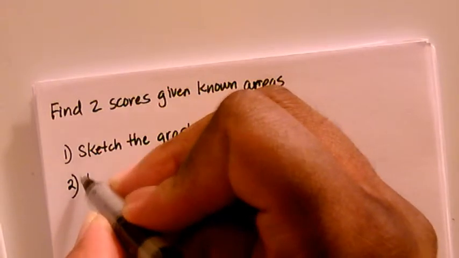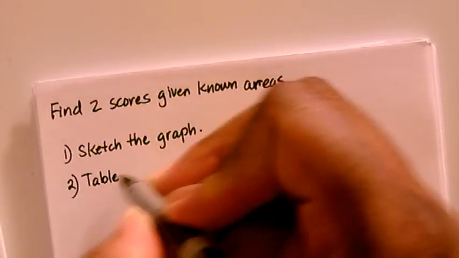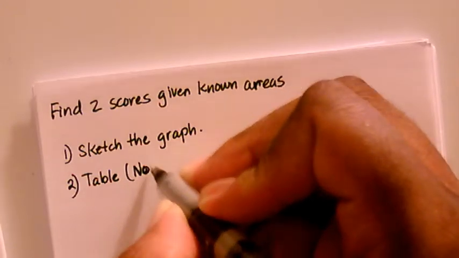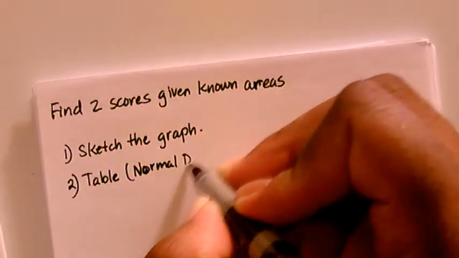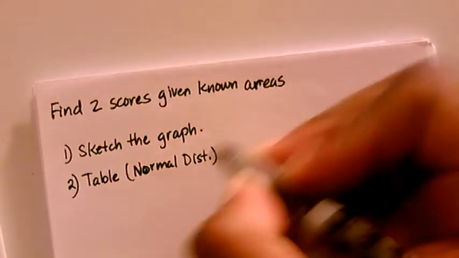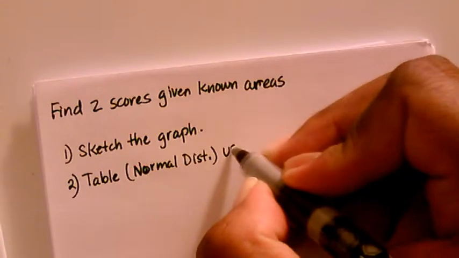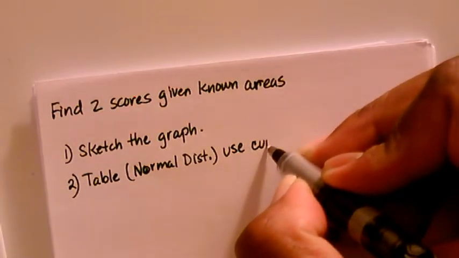Now, then second, you're going to use the table, which is your normal distribution table. And the way you're going to do that is use the cumulative area from the left.